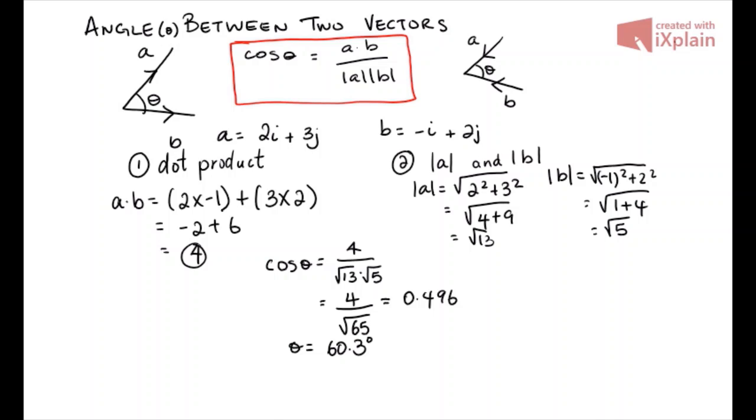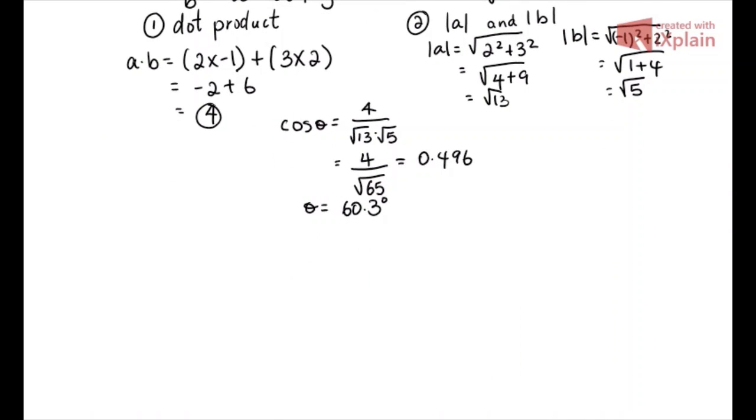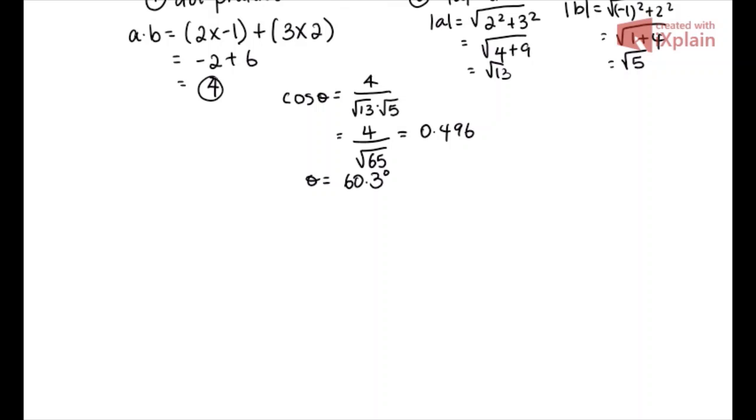Or we can say that if a dot b equals 0, then a is perpendicular to b.